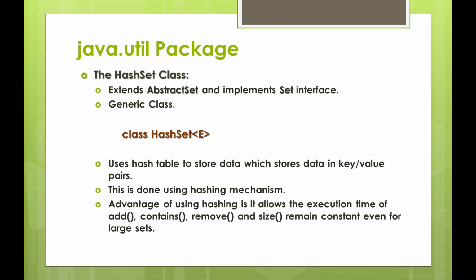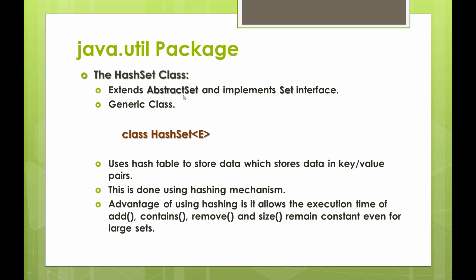Okay, so let us move on to hash set. Hash set extends abstract set, which in turn extends abstract collection, and it implements the set interface. As you know, the set interface does not define any methods. It borrows all the methods from the collection interface itself.